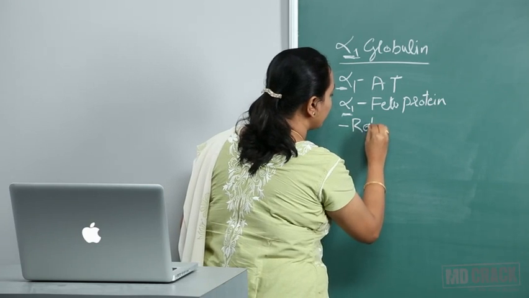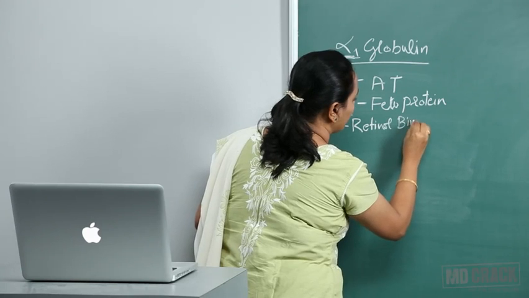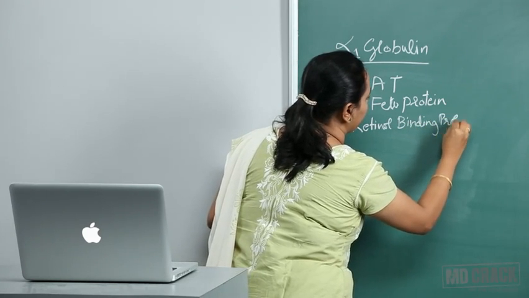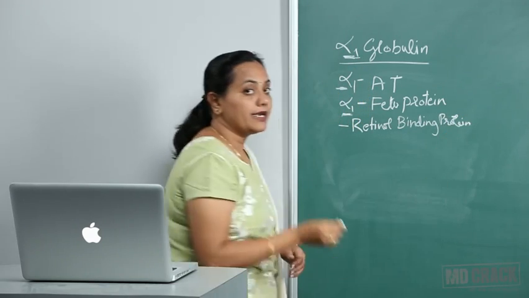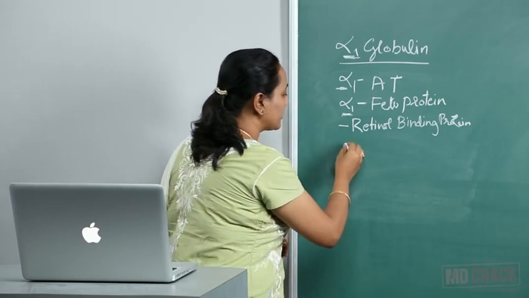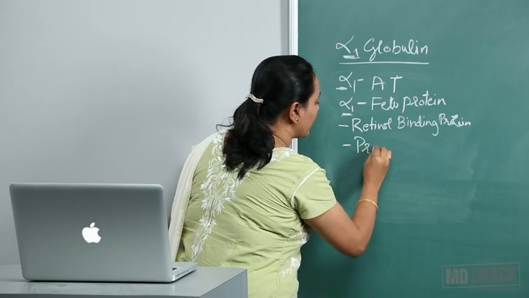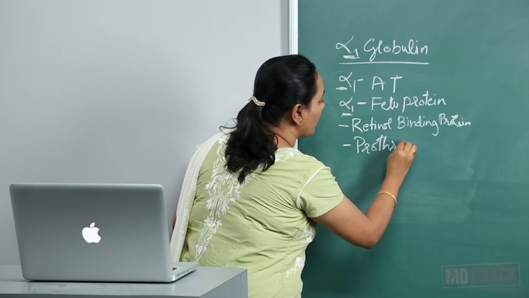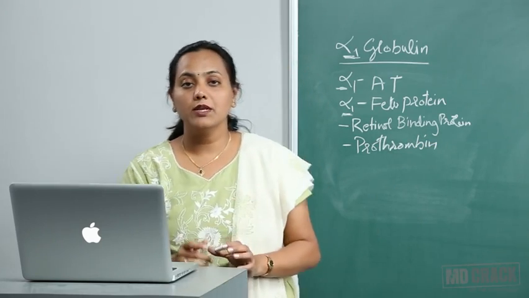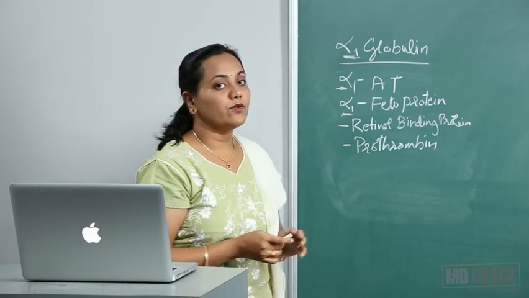They include the retinol binding protein. What does this retinol binding protein do? It is responsible for the transport of vitamin A. The other is prothrombin. These are, I think, the most important proteins present in the alpha 1 fraction that you will have to remember.